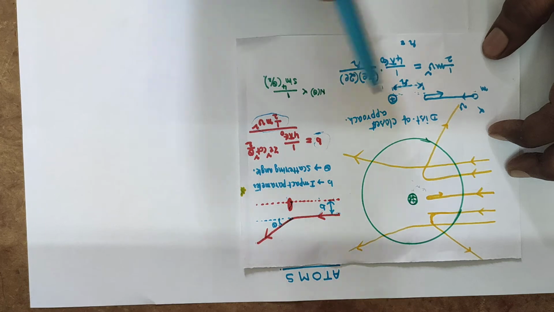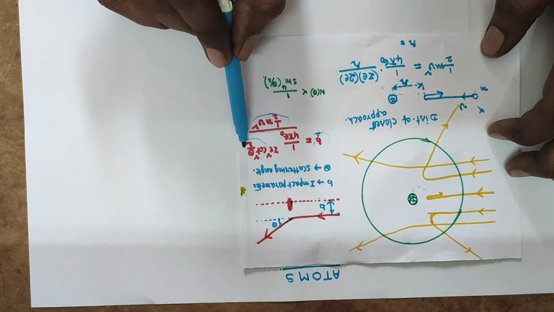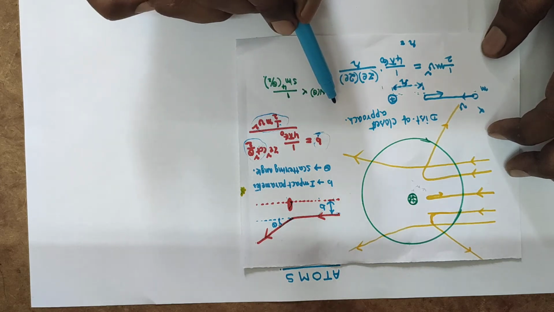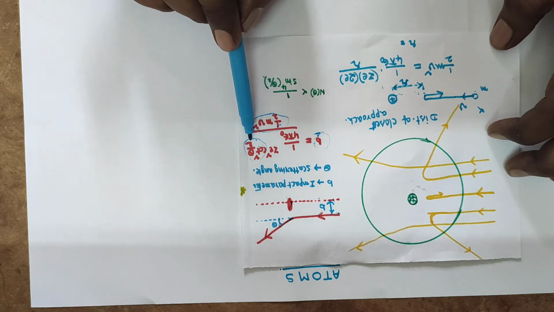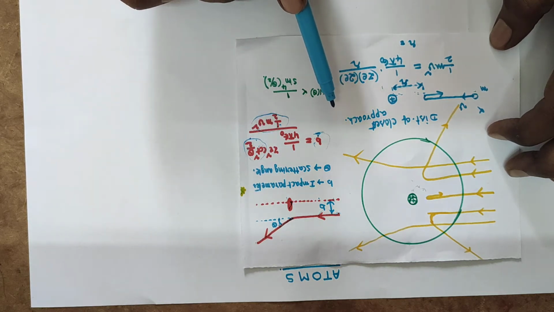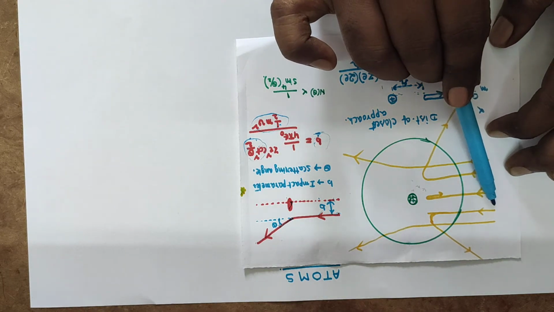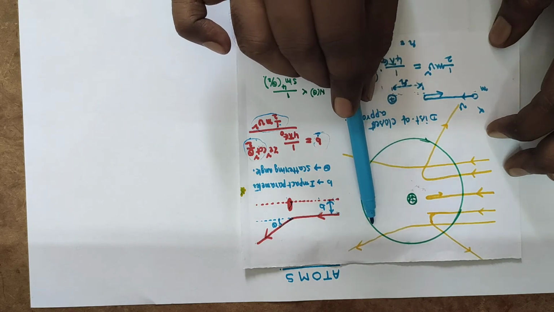This is increased and here this is constant, so this must increase because this ratio must be a constant. As cot of theta by 2 increases, the theta value decreases. That means most energetic alpha particles are scattered with less deviation.